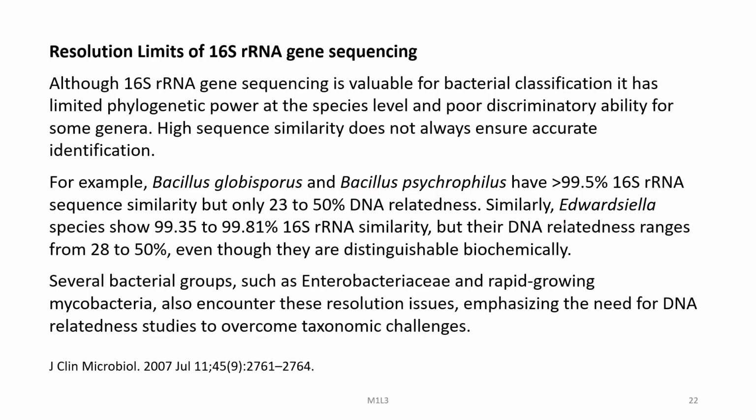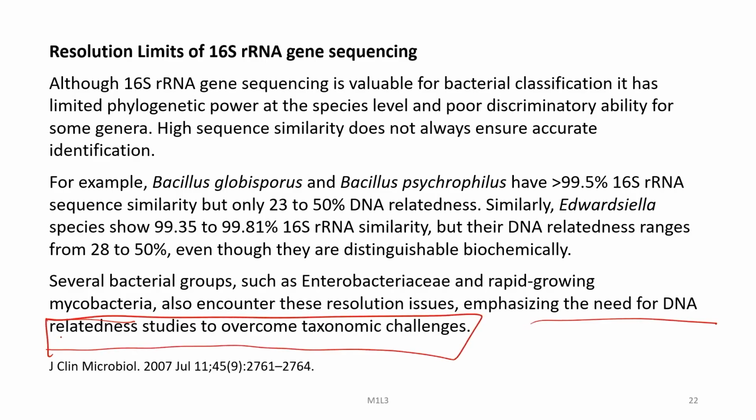Similarly, in Edwardsiella, we have species with around 99.35 to 99.8% 16S rRNA similarity, but their DNA relatedness ranges from only 28 to 50%, even though they are distinguishable biochemically. So, several bacterial groups such as Enterobacteriaceae and rapidly growing mycobacteria also encounter these resolution issues, emphasizing the need for DNA relatedness studies to overcome taxonomic challenges.